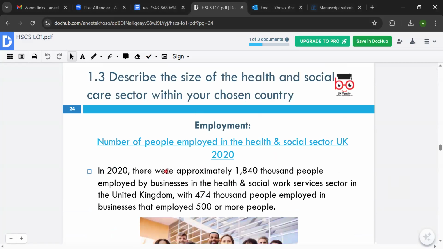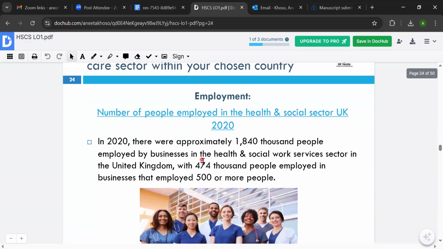Then employment. The number of people employed in the health and social sector in the United Kingdom changed in 2020 as well. In 2020, there were approximately 1,840,000 people employed by business in the health and social care sector in the United Kingdom, and 474,000 people employed in businesses that employed 500 or more people.